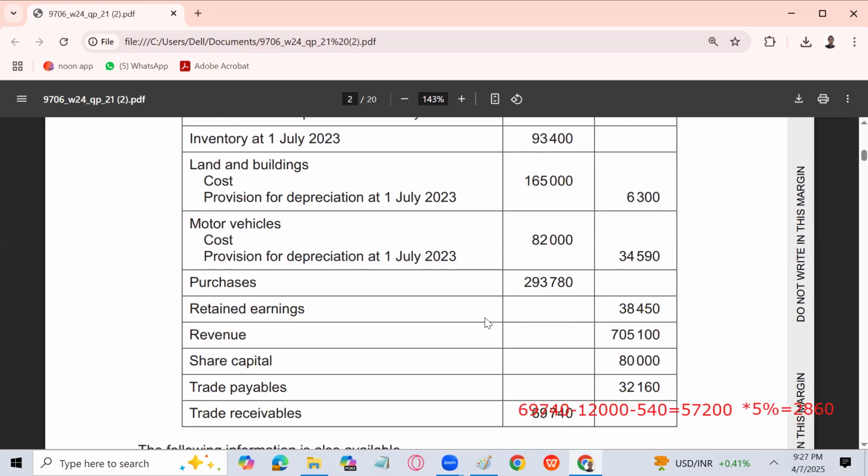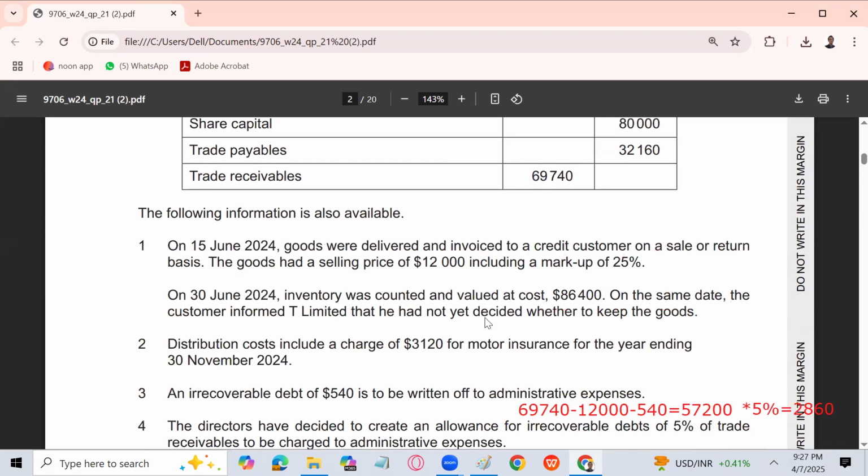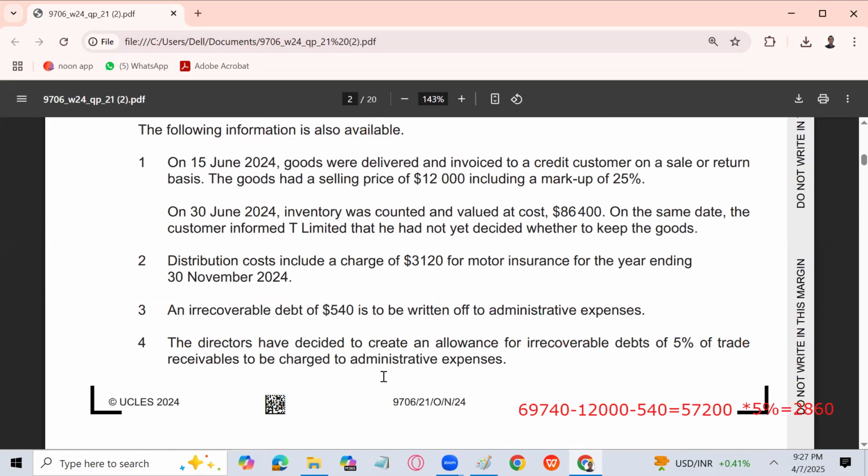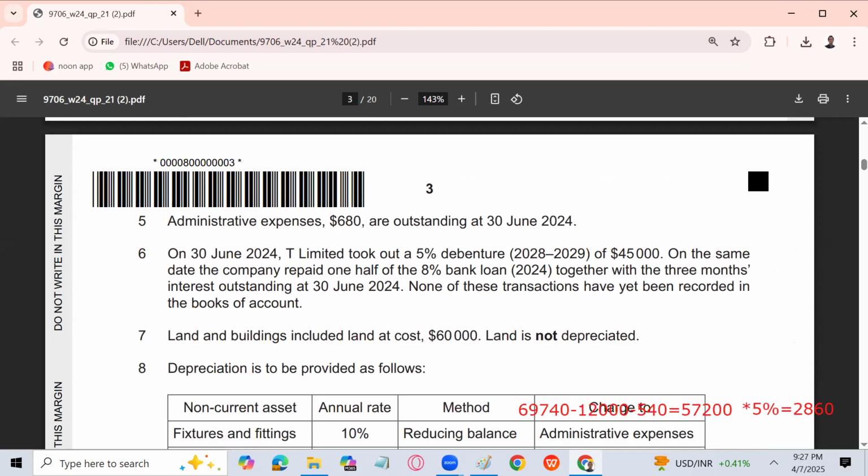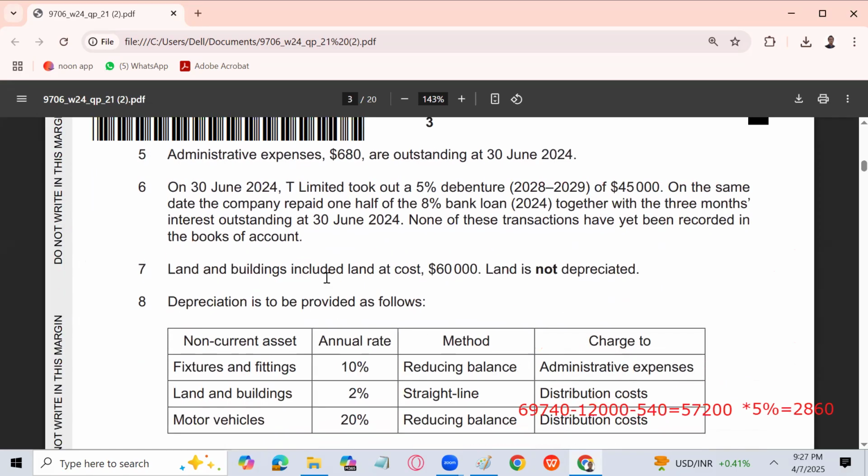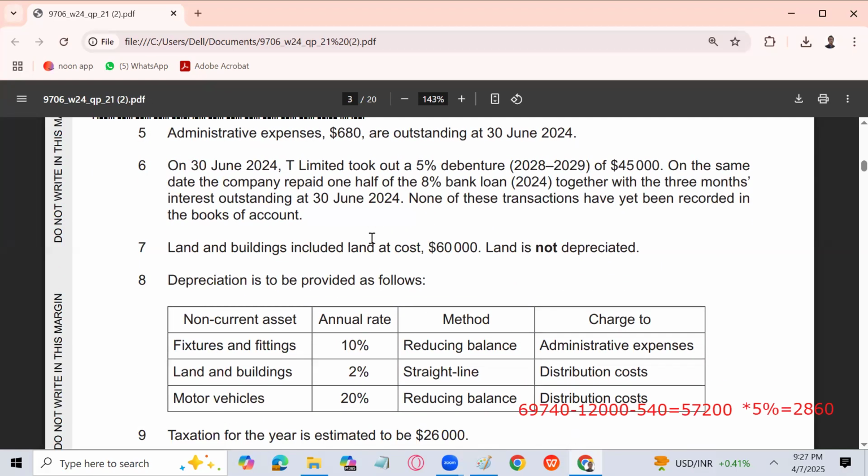I will show you. On 30th June 2024, T Limited took out a 5% debenture of 45,000. So I will pass the entry: bank debit and debenture is going to be credited.